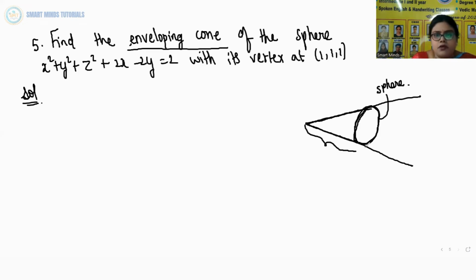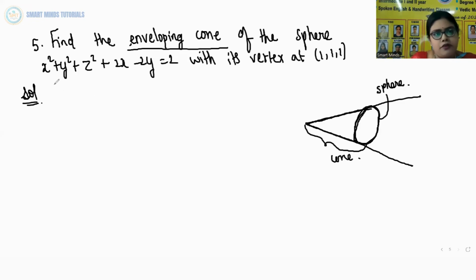And this full is a cone from here to here. So an enveloping cone of a sphere is a cone whose vertex lies outside the sphere and the cone's surface is tangent to the sphere at all points along its surface. Okay, so let's begin. I hope you understand the meaning of enveloping cone, right?